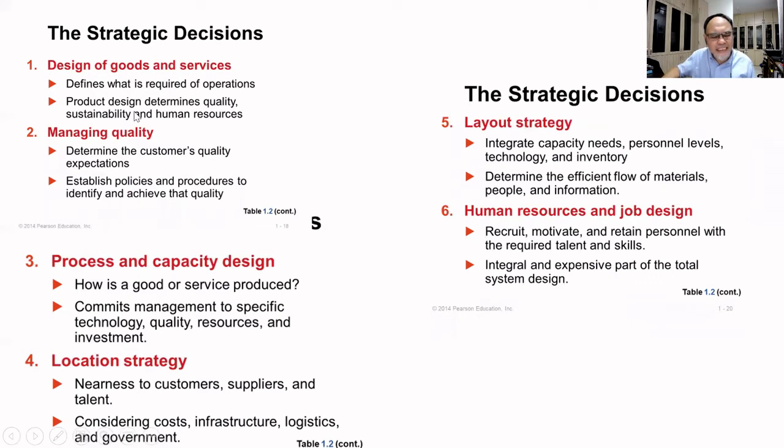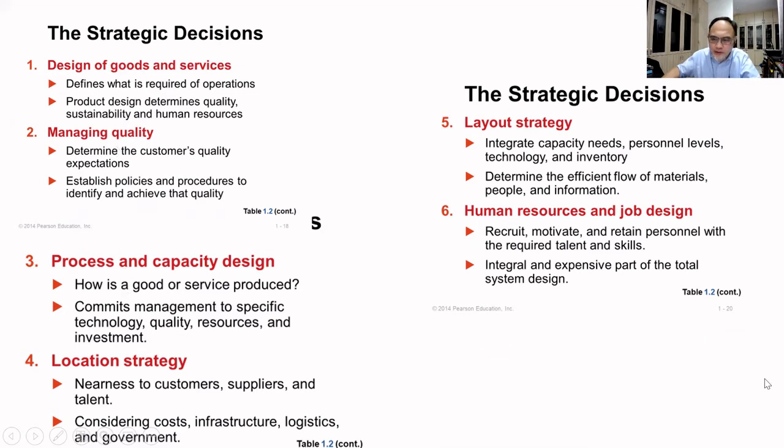I'm not going to explain everything in detail, but the whole idea is this. For example, the strategic decisions. The operations manager will have to make decisions on this. Design of goods and services. What is required of operations? If you want to make this product, is our operations suitable for a high technology product? Maybe it's not. So we cannot make high tech products. Okay, so that is design of goods.